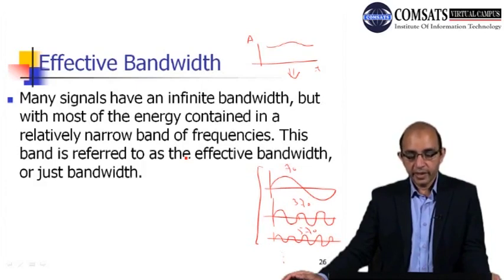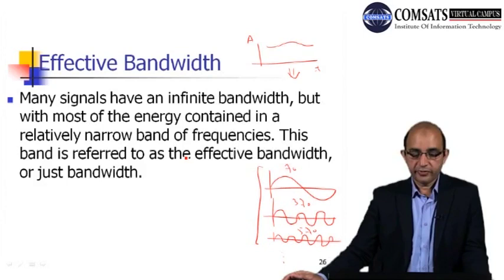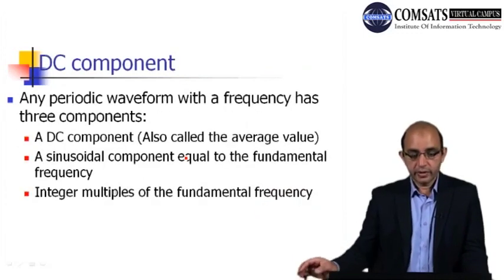That's why we say the signal can have infinite bandwidth, but most of the energy is contained in a relatively narrow band of frequencies, and that narrow band is referred to as the effective bandwidth, or just the bandwidth. Then we have the DC component.